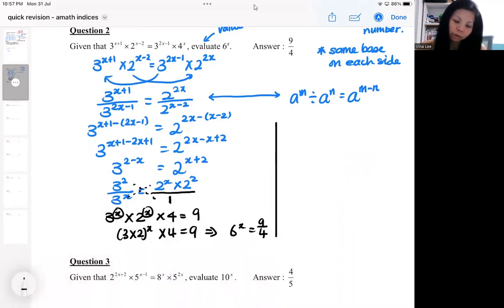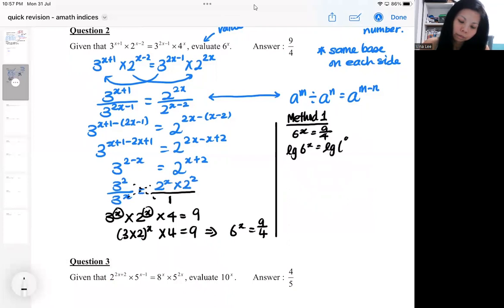If you're asked to find the value of x, I like to take LG or LN on both sides. So I will do an LG on both sides. Then that will allow me to bring down the power. Then I just divide.